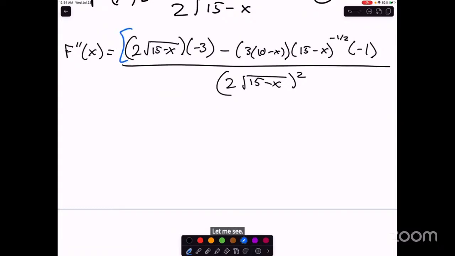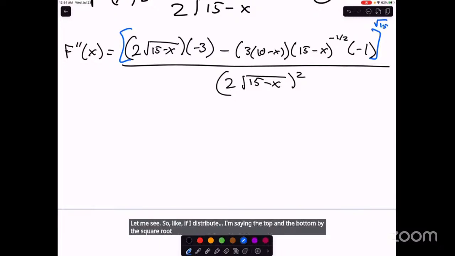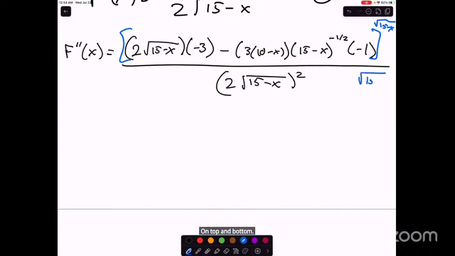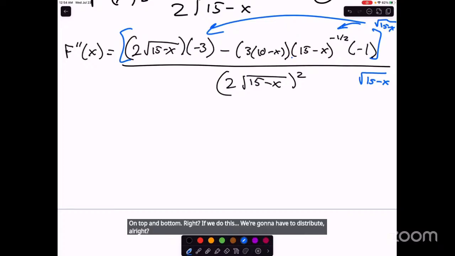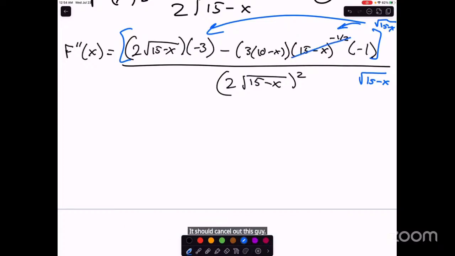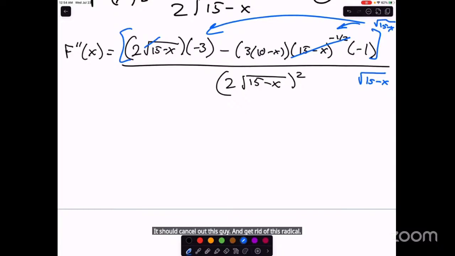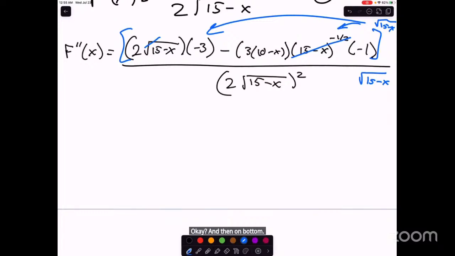If I multiply the top and the bottom by the square root of 15 minus x, right? If we do this, we're going to have to distribute. It should cancel out this guy and get rid of this radical. And then on bottom, I mean, it's a little bit extra. Okay, let's go with it and see what happens.